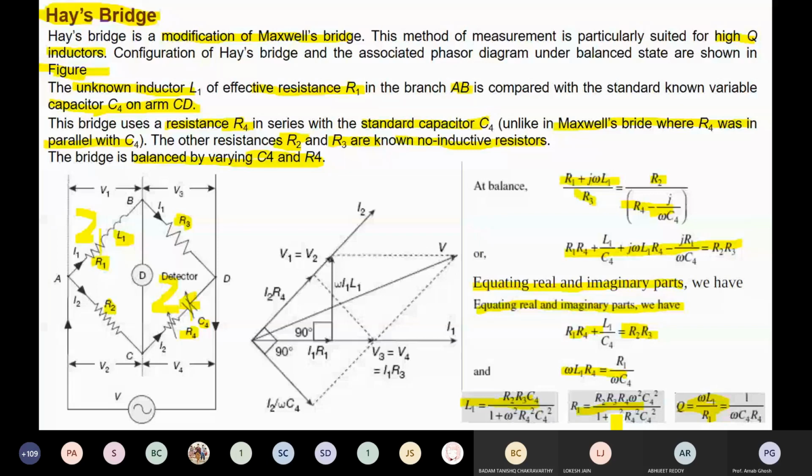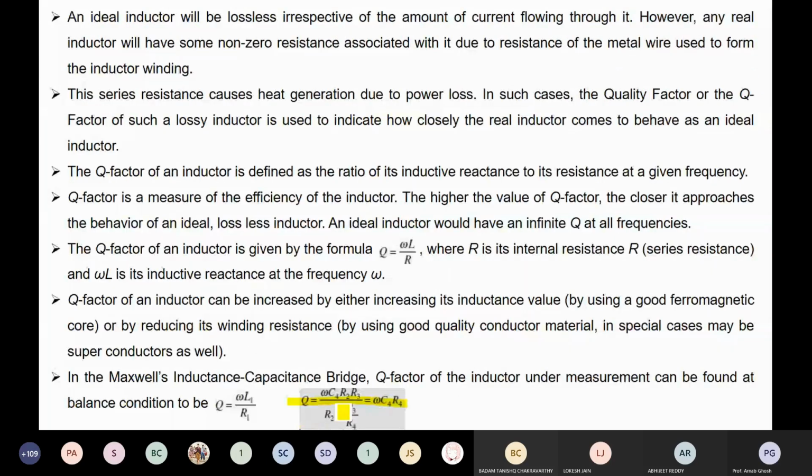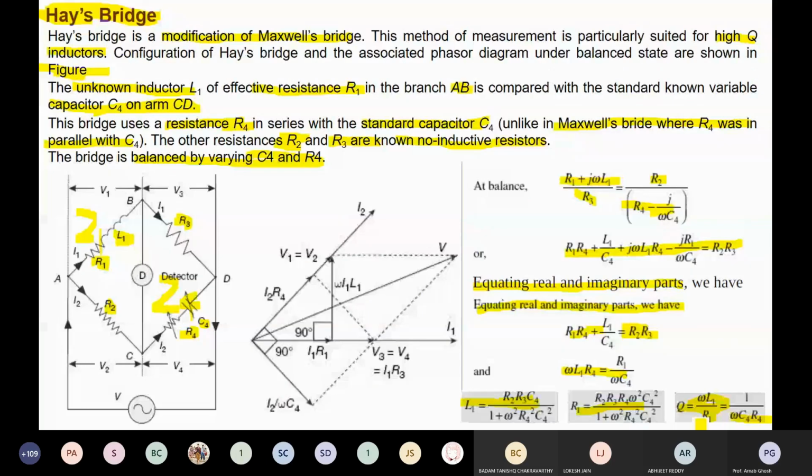Then what is V1? V1 equals I1 into R1 plus J omega L1. So I1 R1 is in phase with I1, plus the J factor means 90 degrees leading, so J omega I1 L1. Finally you will get the value of V1.